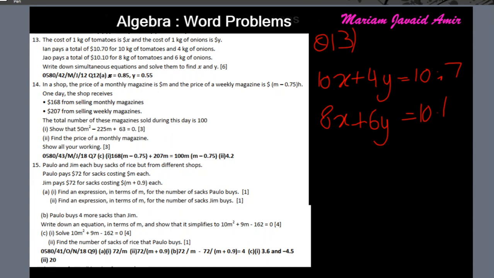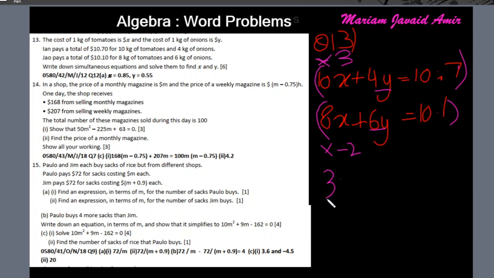So let's multiply the first equation with minus 8, and the second, in fact, let's change this 4y into 12y, and then this 6y into minus 12y. So for that I'll multiply the first equation with 3 and the second equation with minus 2.